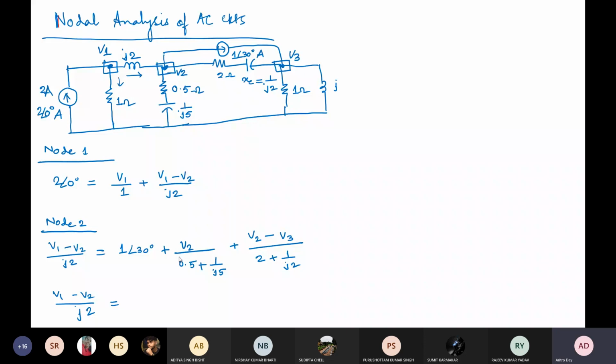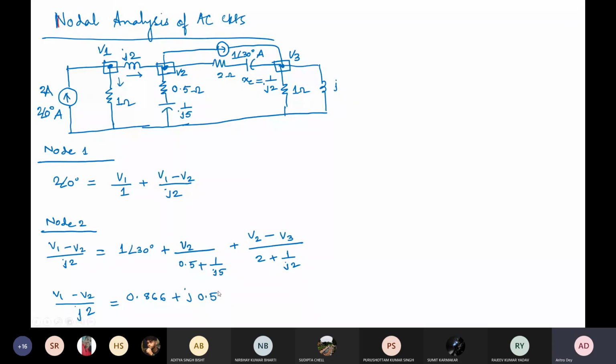So we should take first Rec, then 1 comma 30 degree. That is equal to 0.866 plus j0.5.